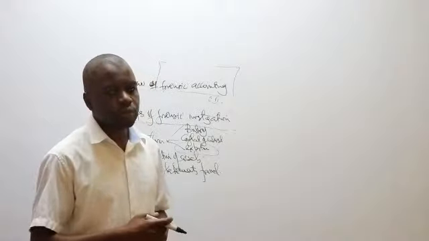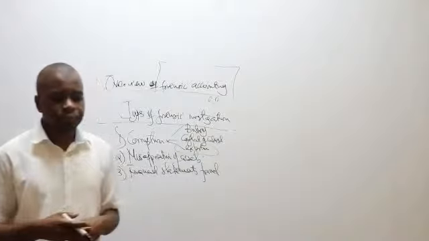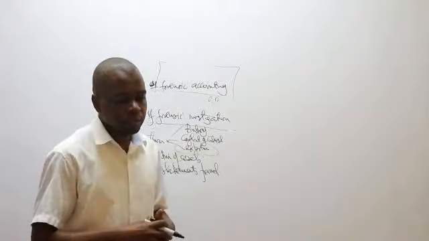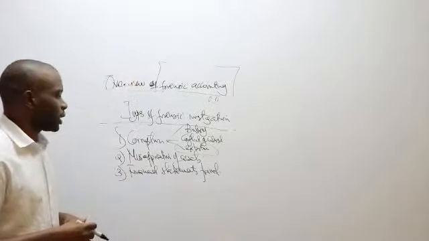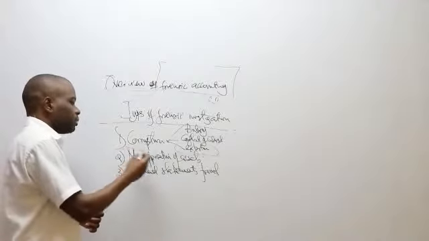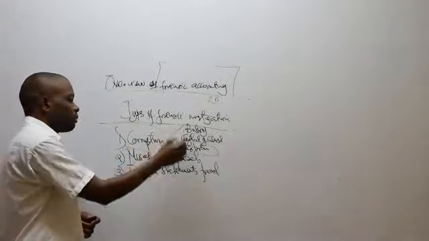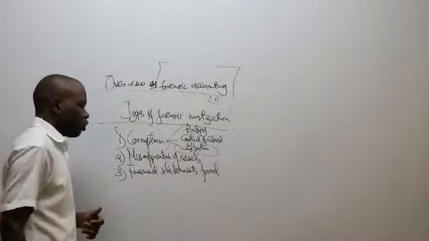If you do such, then you have been involved in what you are calling corruption. So it can happen through bribery, conflict of interest, or extortion of money.